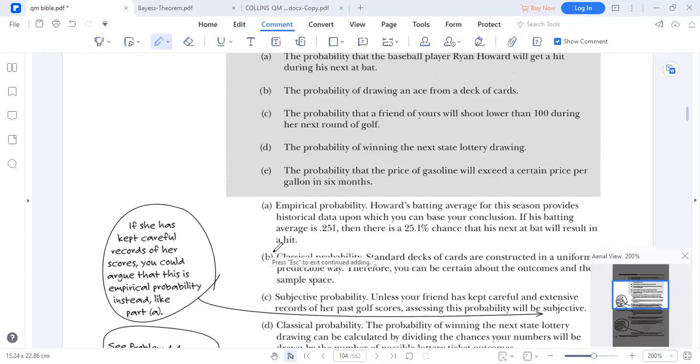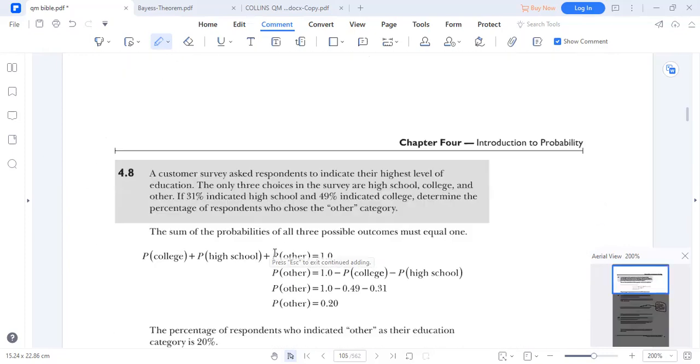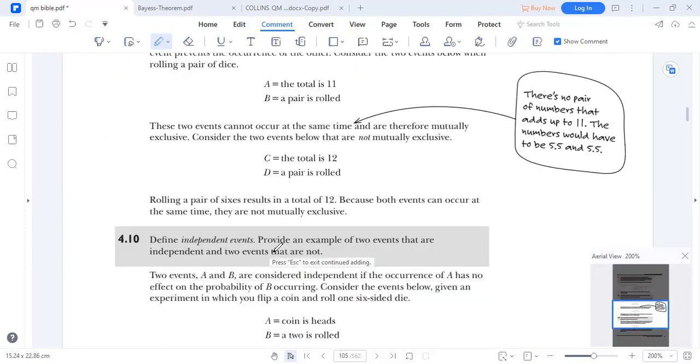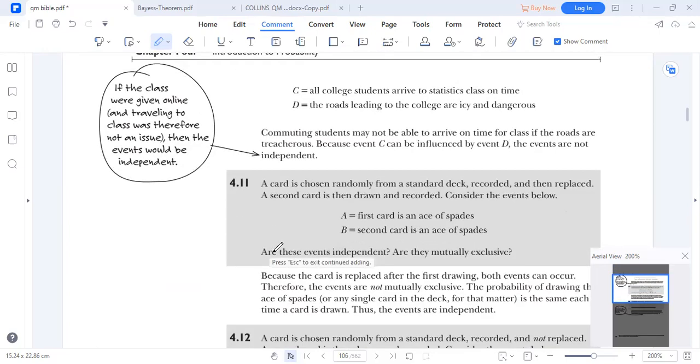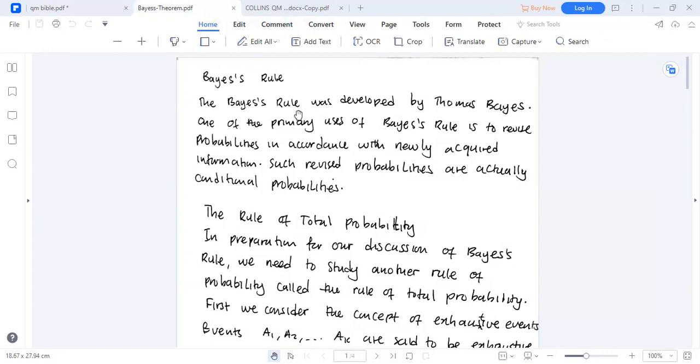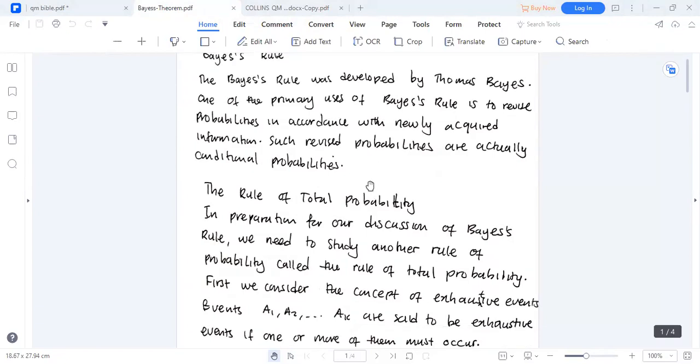Now I'll quickly take you to what is called Bayes' theorem. We're looking at a theorem that was developed by a statistician called Bayes. He brought up a concept which is called conditional probability.